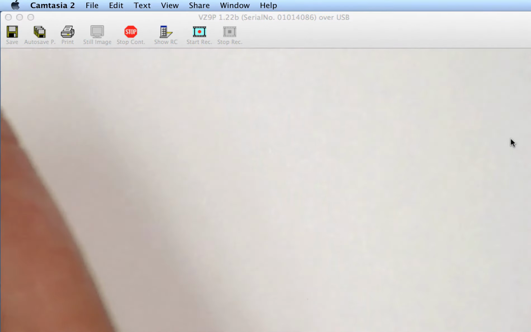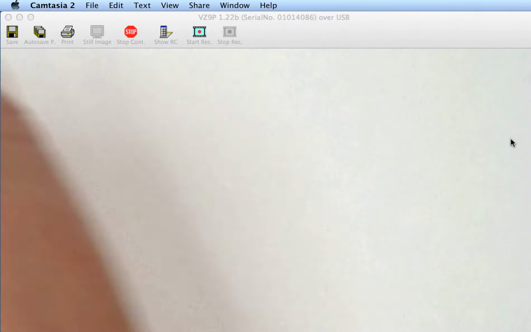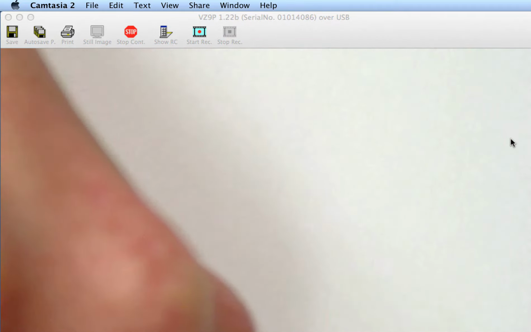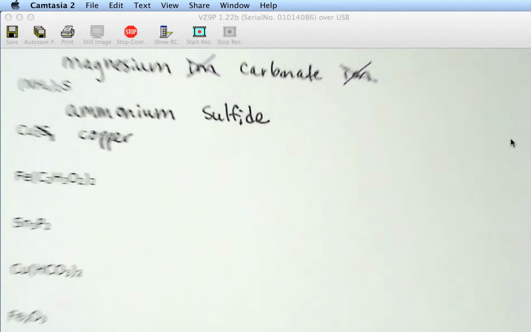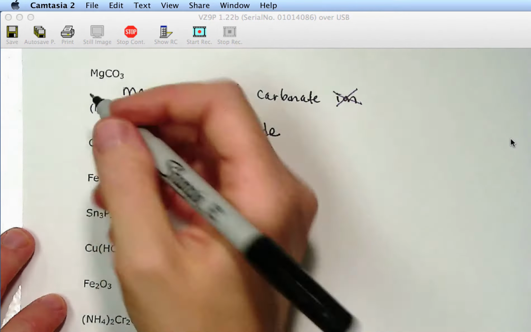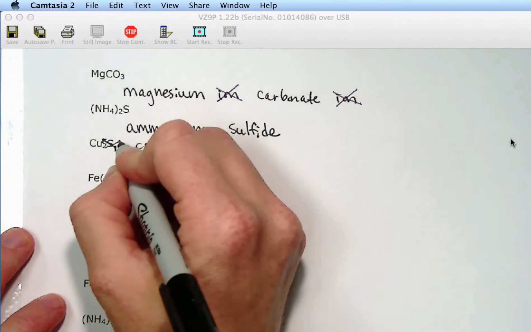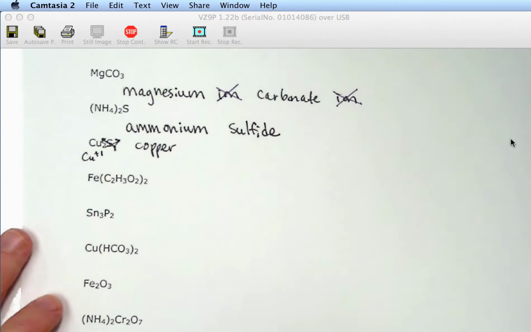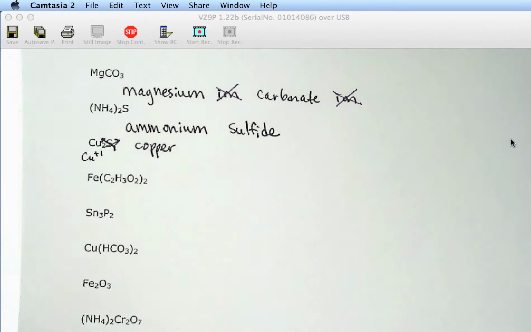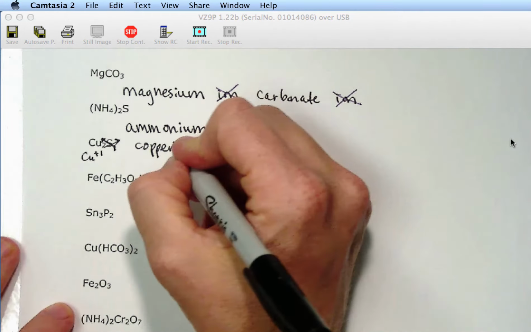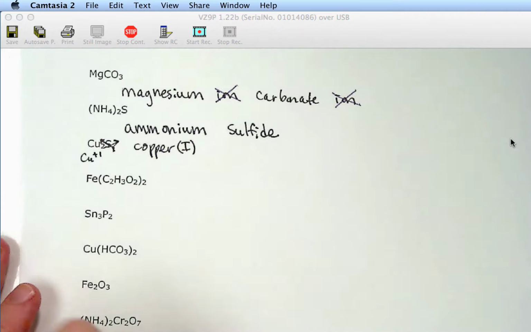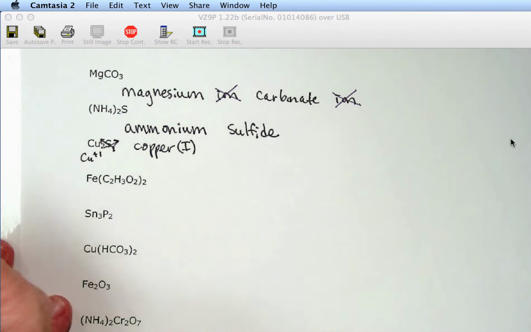There is no subscript here, so if there's no subscript, it's implied that it's a 1. So you're going to be raising this 1, you'll be raising this 2. So it's copper plus 1. So then for IUPAC, it's going to be copper(I). And then it's not sulfur, it's sulfide.